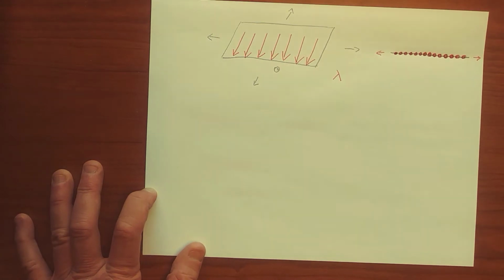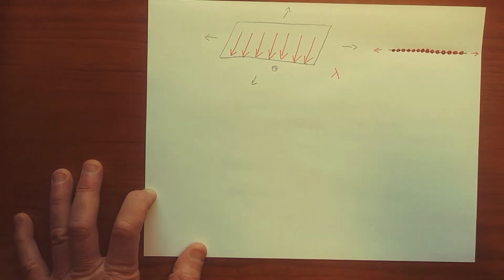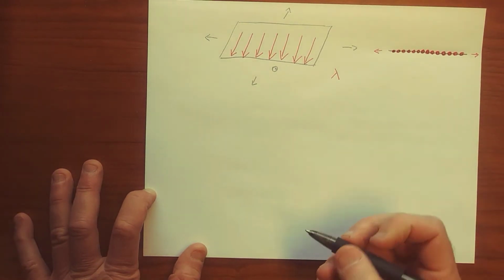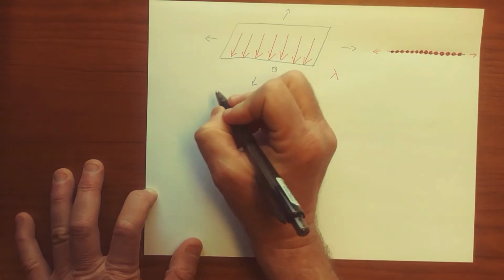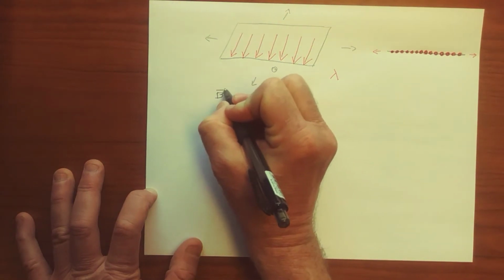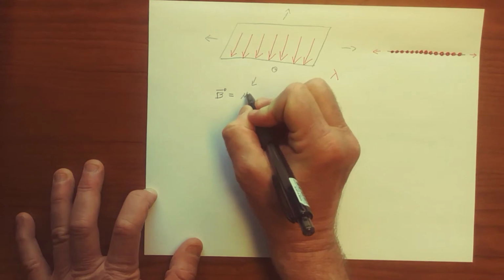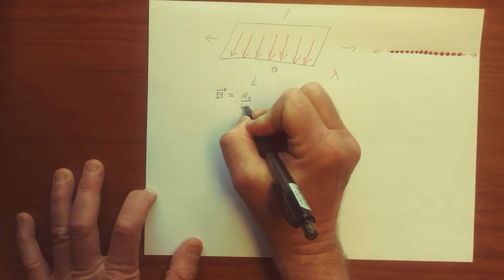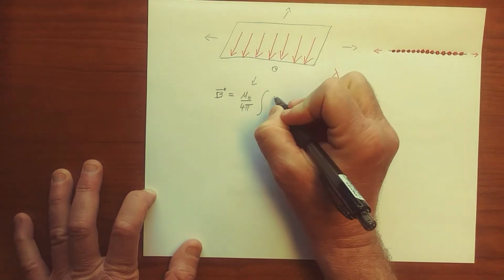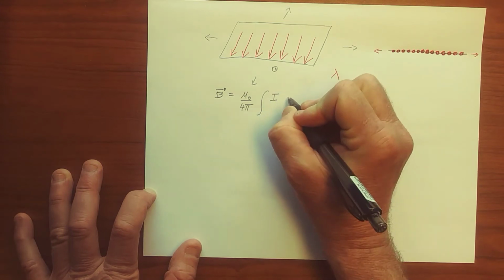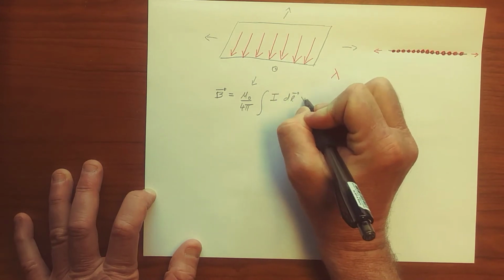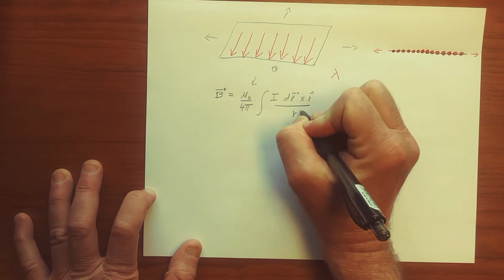If we want to find this magnetic field, the last thing that we really want to do is appeal to a brute force approach, which would require that we integrate this kind of thing.